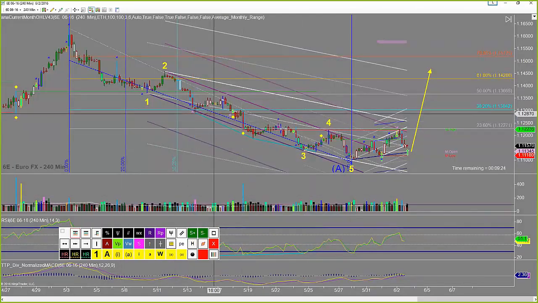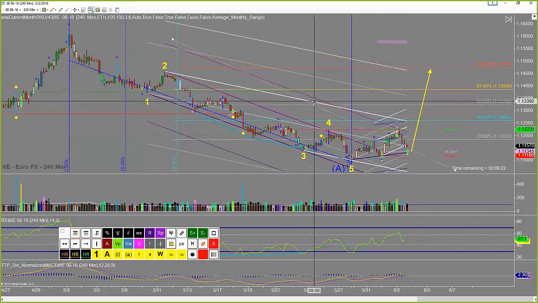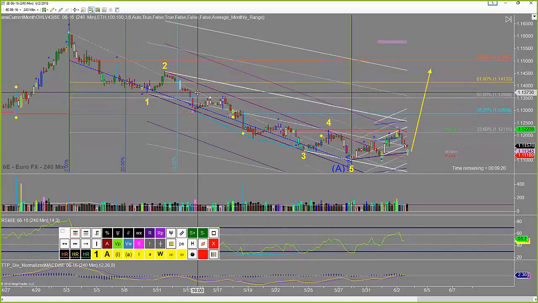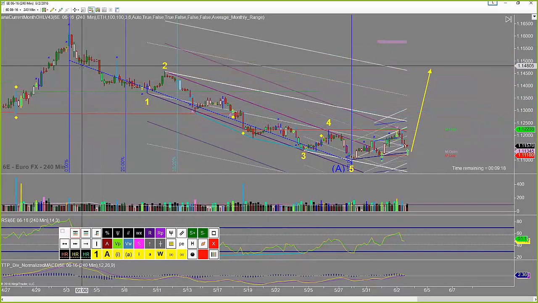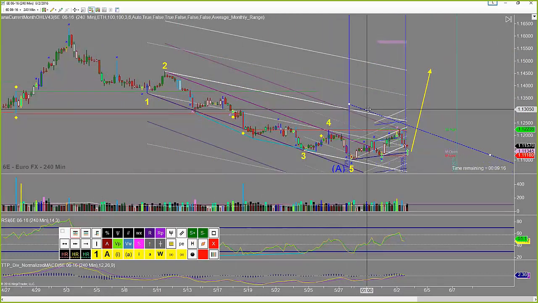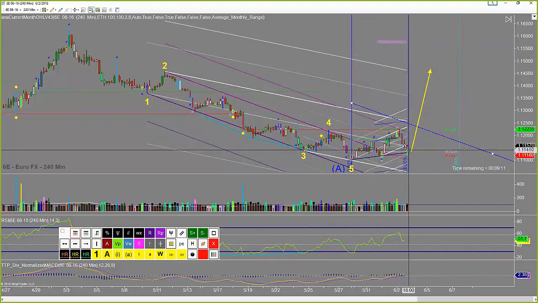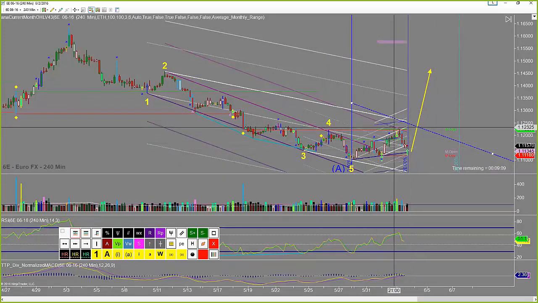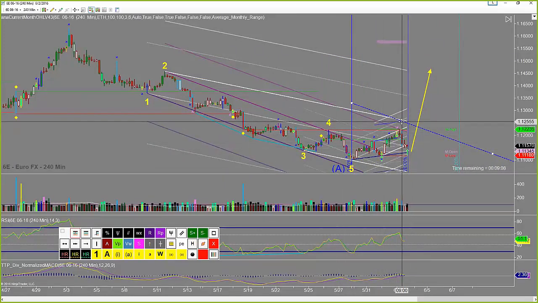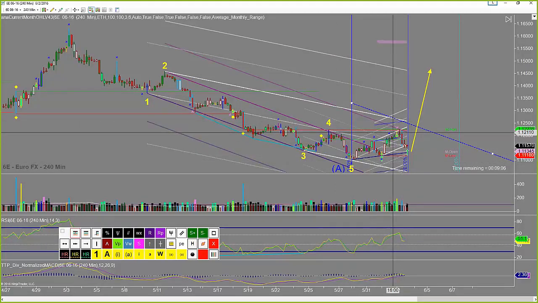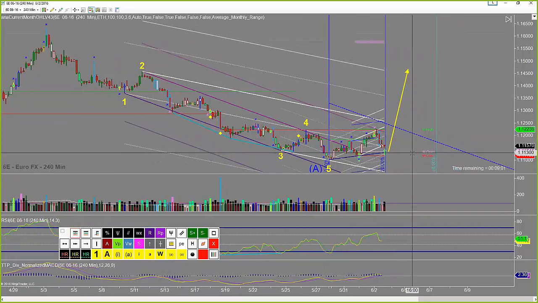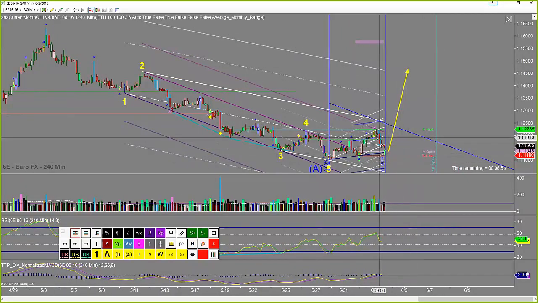So I'm of the opinion that this correction is not over. Let me just delete that, grab this guy and bring it over. So yeah, even at 20%, that would put us right here. So that's pretty rare for a solid retracement, a solid correction of this huge down move. So that's leading me to the opinion that it's not over.